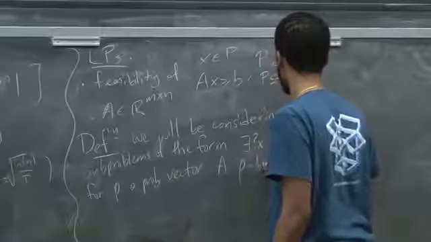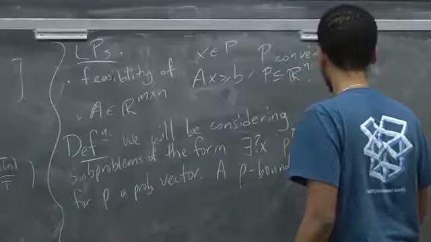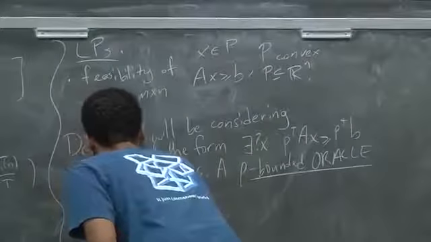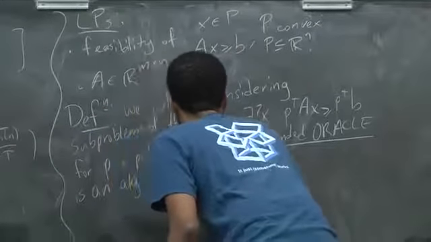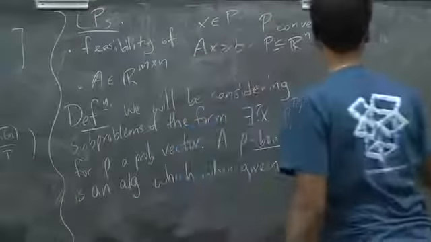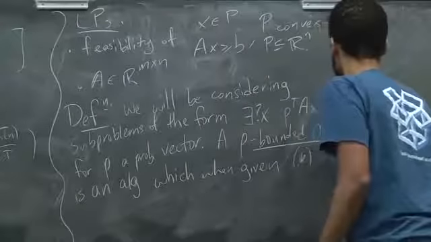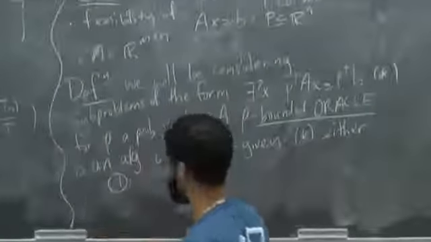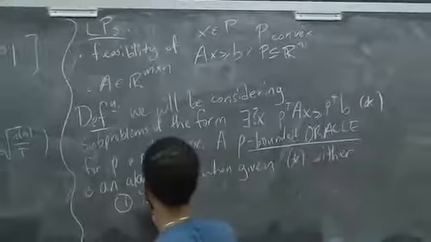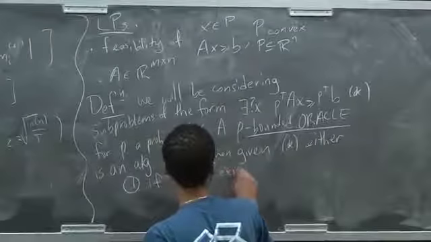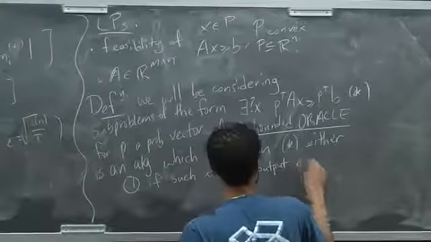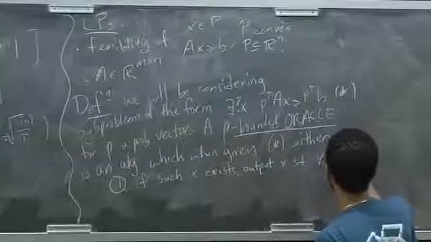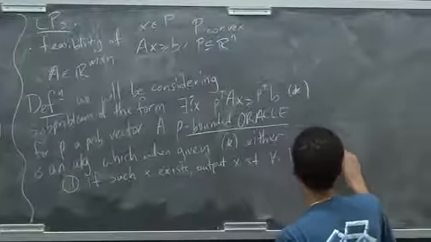A rho-bounded oracle is an algorithm which, when given this problem star, either, if such an x exists, outputs an x such that for all i, a_i dot x minus b_i is at most rho.